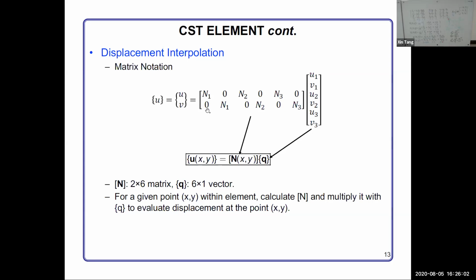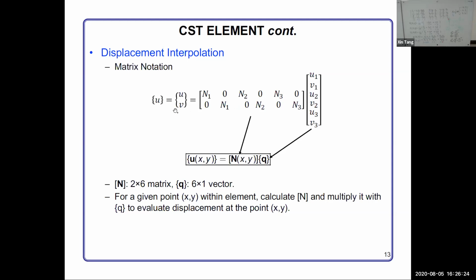For the V displacement, it does not involve U displacement, so it equals N1, the same shape function, times V1, no U2, N2 times V2, no U3, N3 times V3.